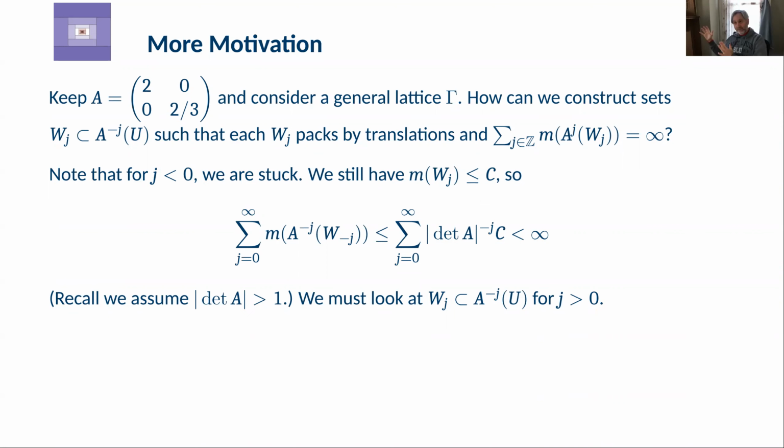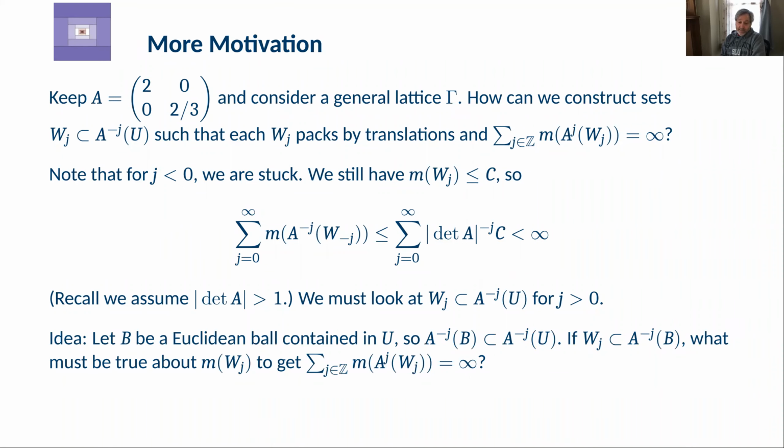The positive powers of a just don't matter at all. We can never get anything from them. And if you remember the condition, you see that we only looked at the negative powers of a, not the positive powers.